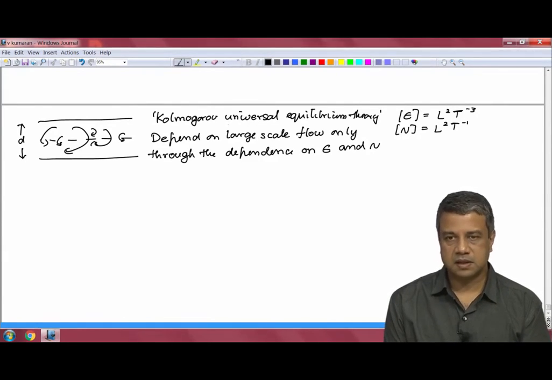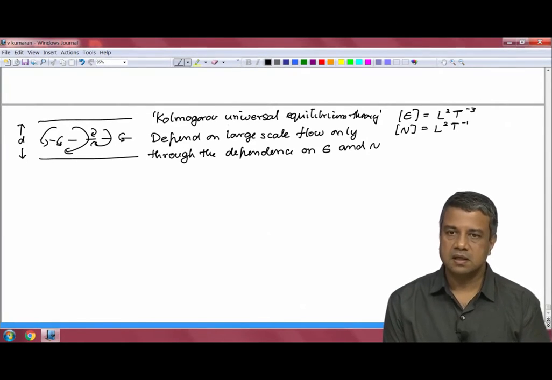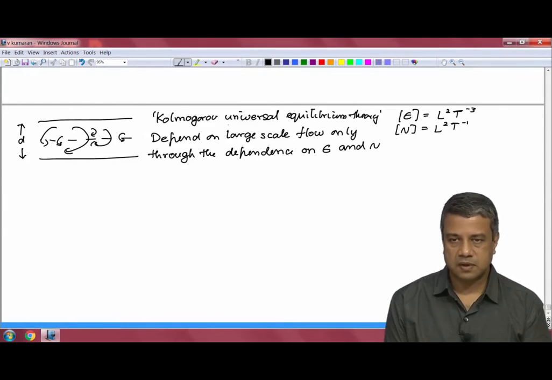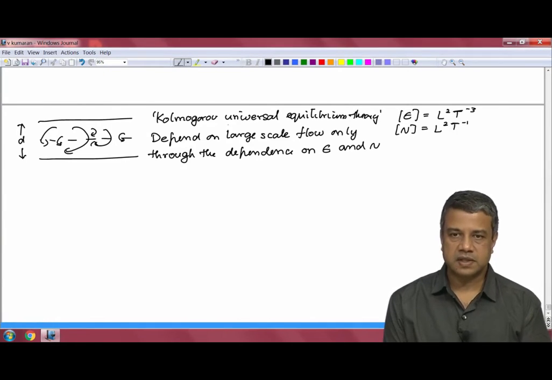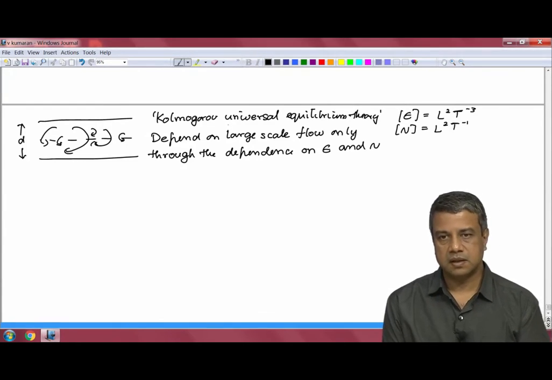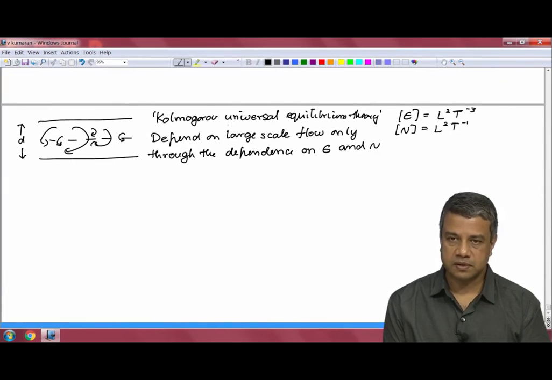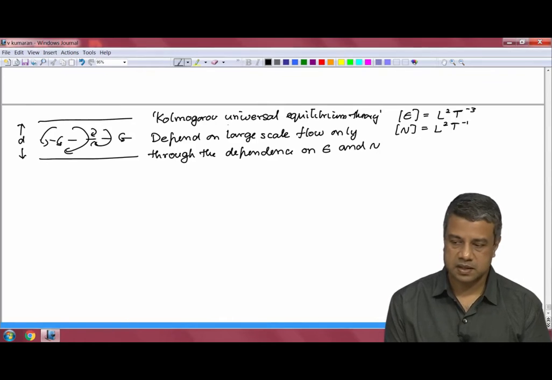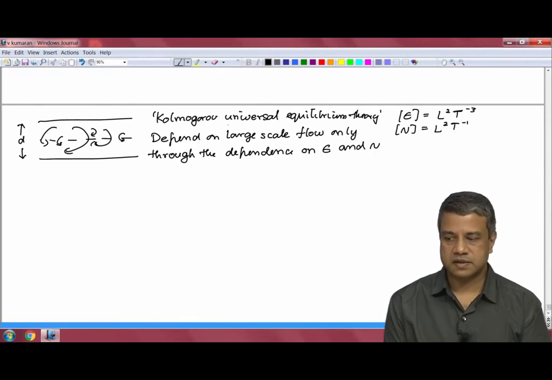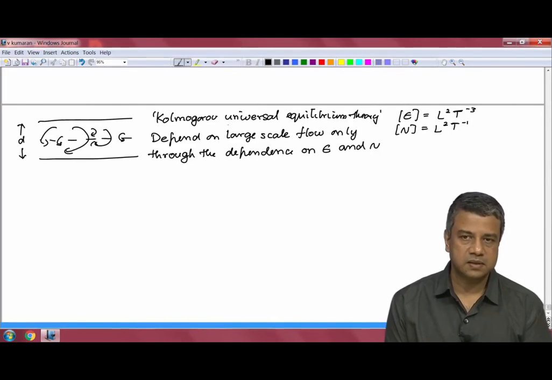So, the assumption here is that the length, time and velocity scales of the smallest eddies do not directly depend upon the average velocity and the pipe diameter, but rather they depend only upon the rate of dissipation of energy per unit mass with dimensions length square t power minus 3 and the kinematic viscosity with dimension length square t inverse.